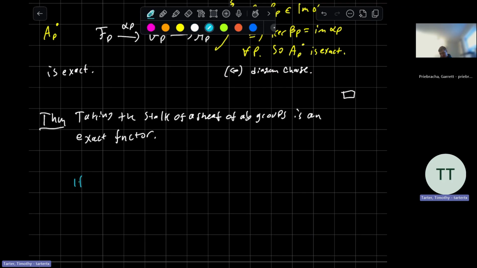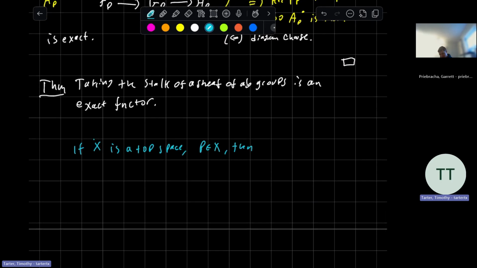More precisely, if X is a topological space and P in X, then the functor from abelian sheaves on X to Ab, sending F to F_P.